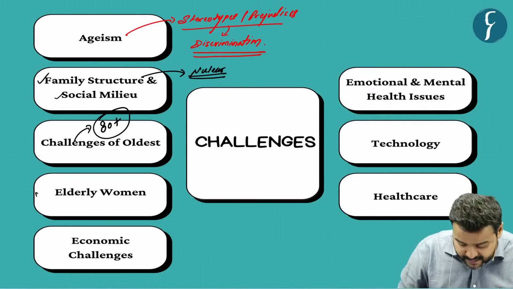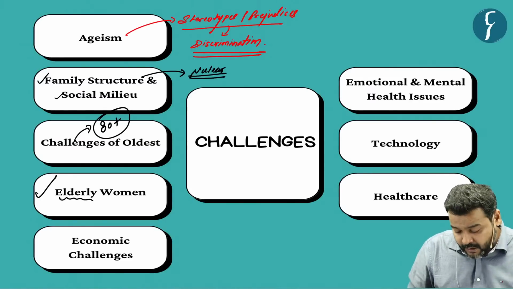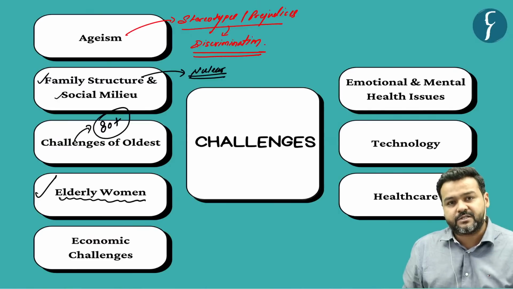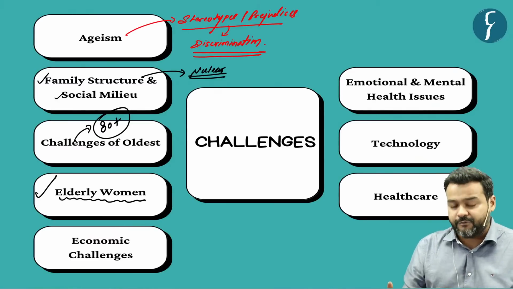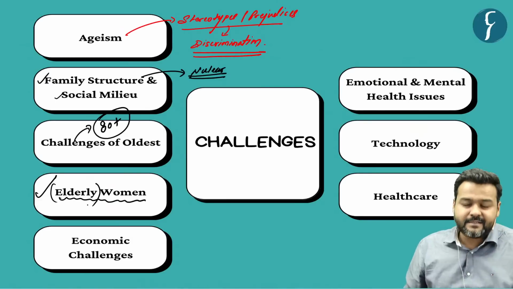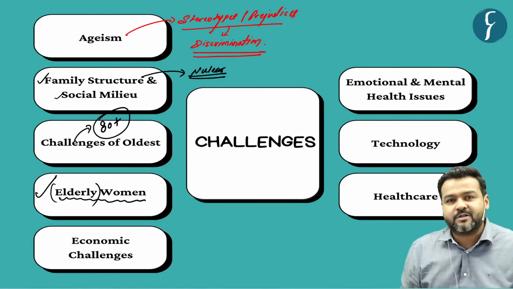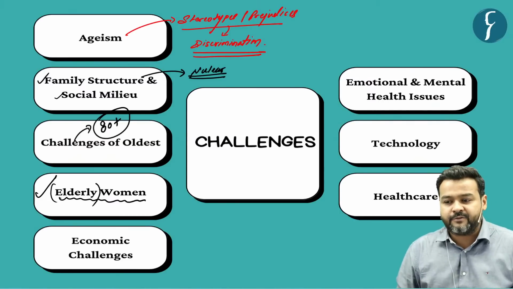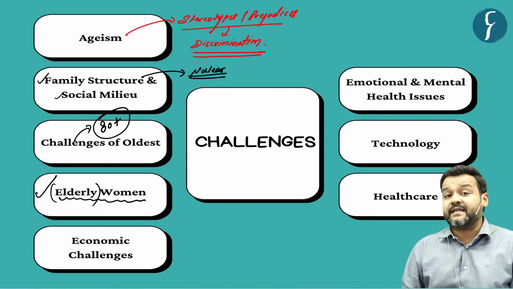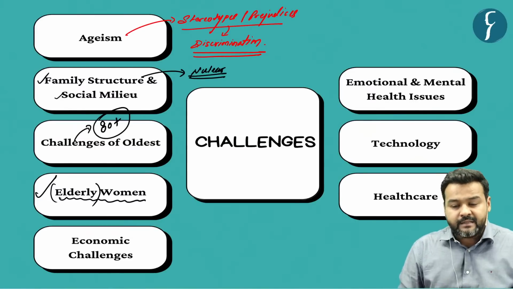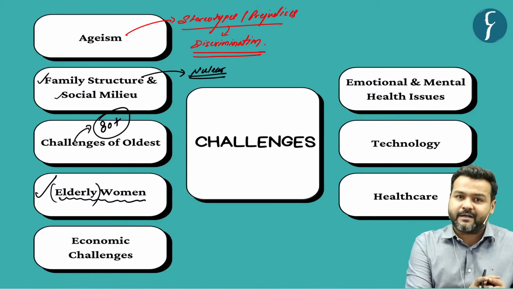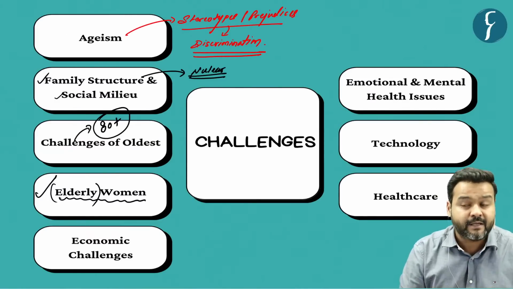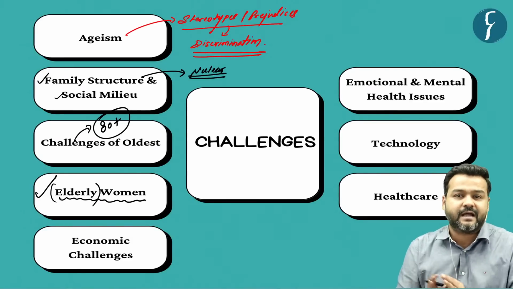Then comes the other section, the elderly women. Elderly women in general face discrimination throughout their life in one form or the other. Now elderly women is, you can call it, the culmination or zenith of the discrimination altogether. If a woman does not have right or control over the ancestral property, then she has to participate in various household chores just to prove her relevance to the family. Otherwise she will be conveniently sidelined.